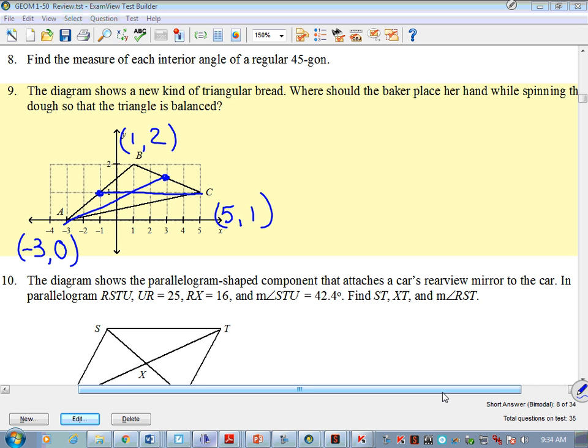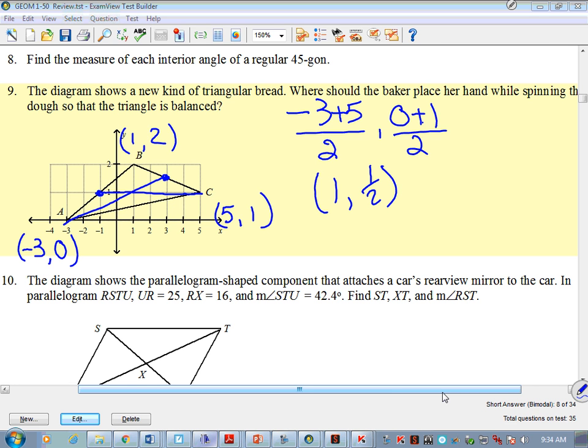And finally, we want A to C. A to C is going to be negative 3 plus 5 divided by 2, and 0 plus 1 divided by 2. Negative 3 plus 5 is 2, divided by 2 is 1. Okay, 0 plus 1 is 1, divided by 2 is, and that's going to be half.